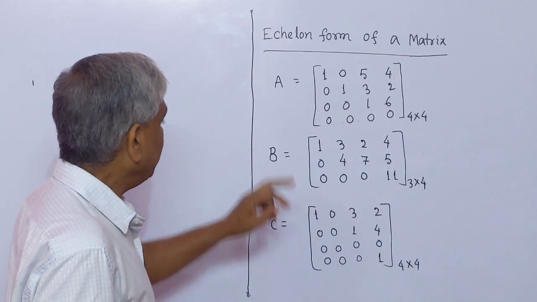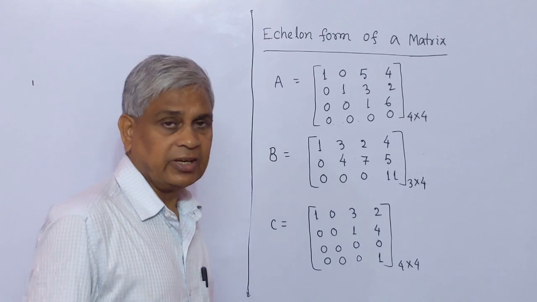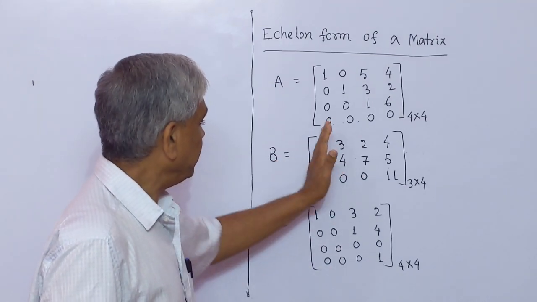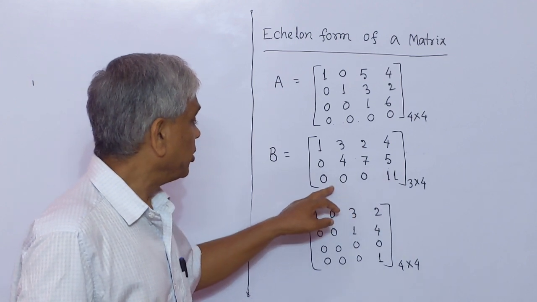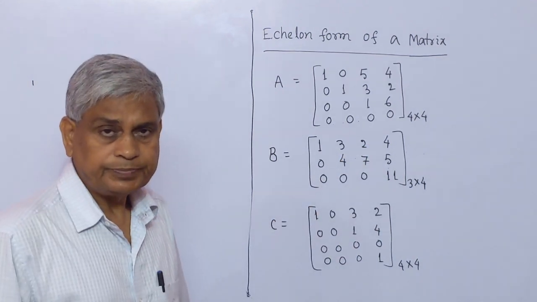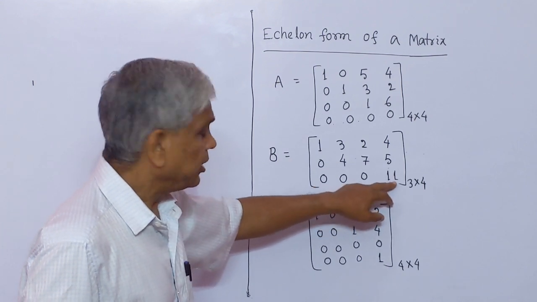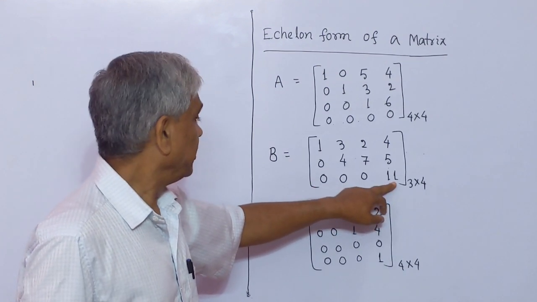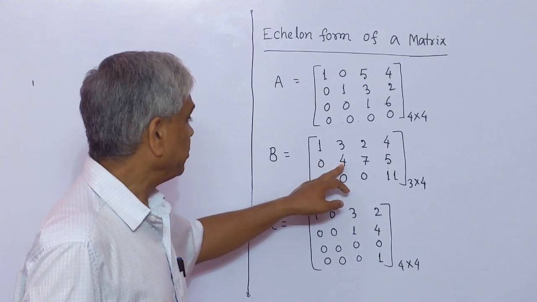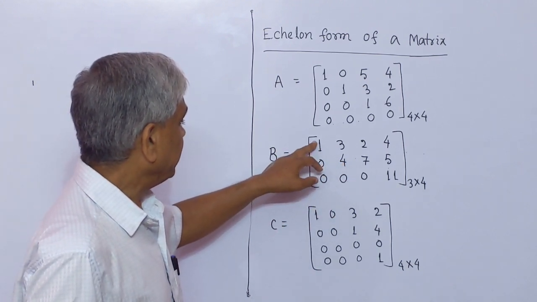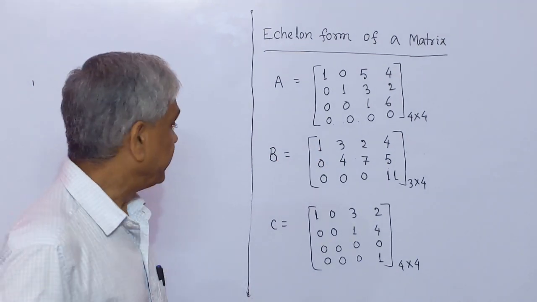Here we have matrix B. This matrix is of size 3 by 4, with 3 rows and 4 columns. Here not all entries of the third row are 0. The number of zeros is 3 before the non-zero entry. In the second row, the number of zeros is 1 before the non-zero entry, and in the first row there is no 0 before the non-zero entry.